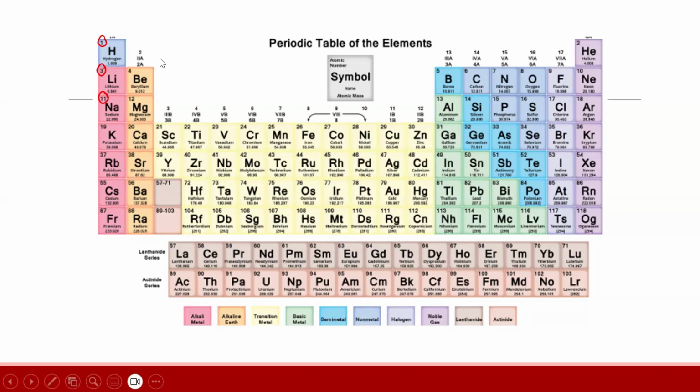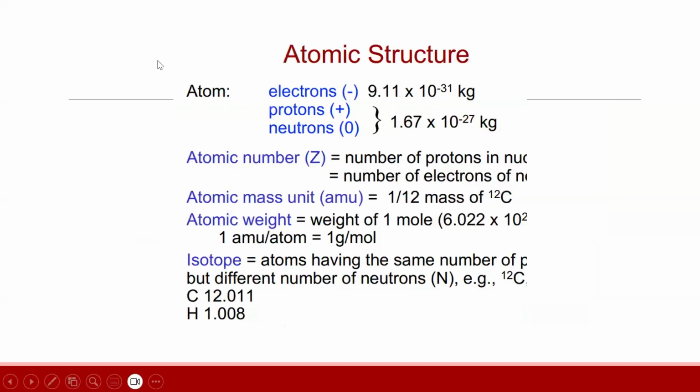Okay, now let's move on. An atom consists of electrons, which are negatively charged, protons, which are positively charged, and neutrons, which are neutral. The weight of electrons is very small compared to the weight of protons and neutrons.